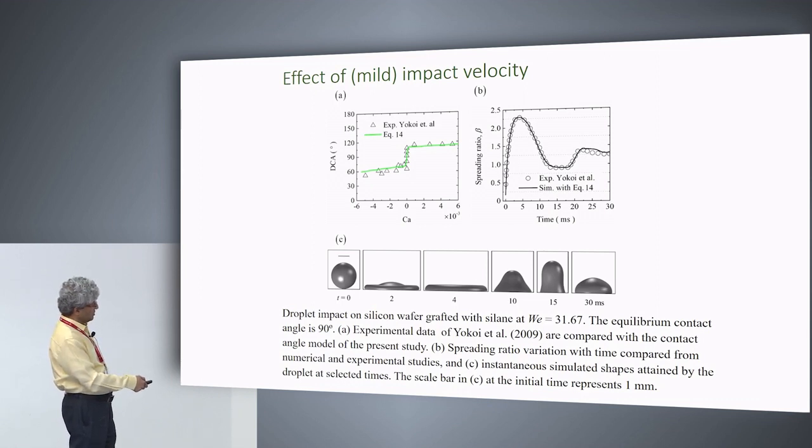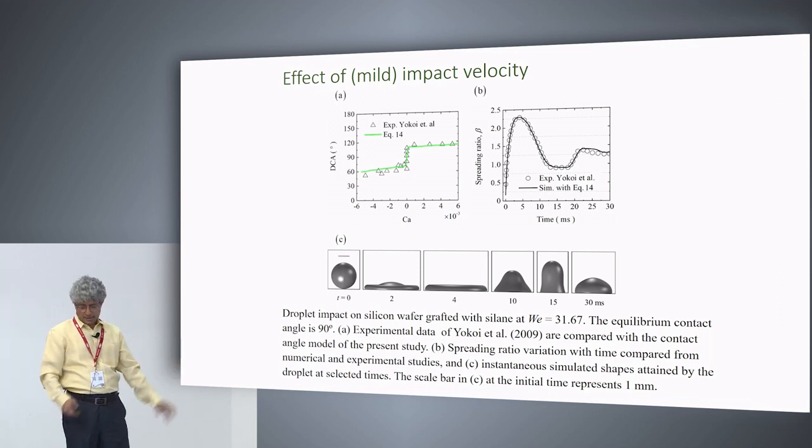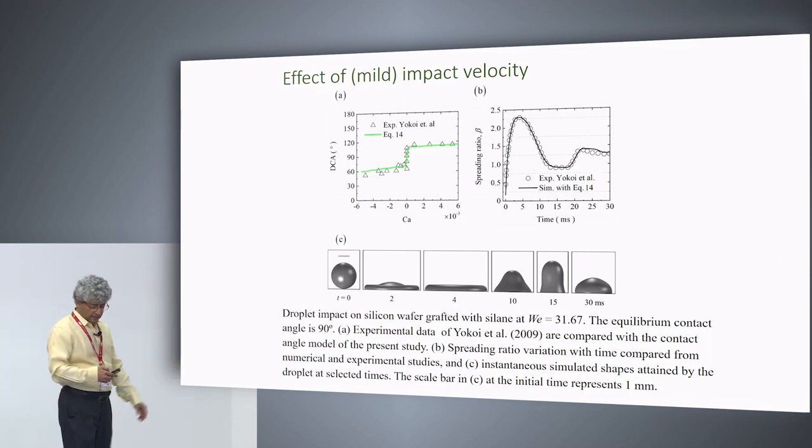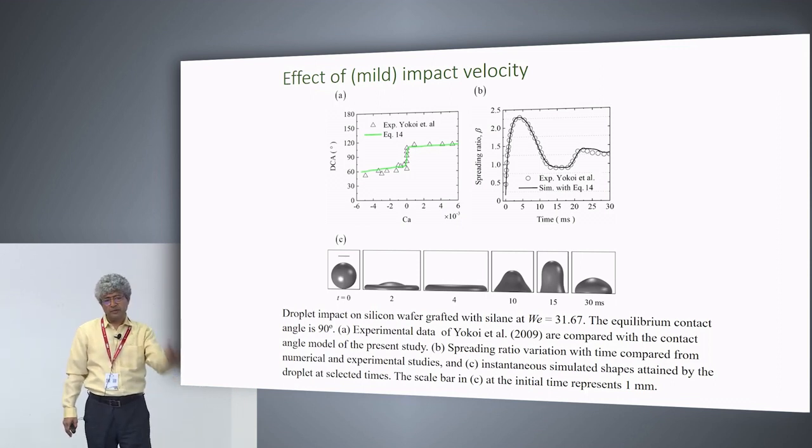You can see here also the spreading pattern, symbols versus continuous line. It's quite good. Of course, this result is limited by the Weber number. You can't go to very high Weber numbers because then you will have splashing, particularly in water. So we are not in that regime. Here the drop integrity is maintained.